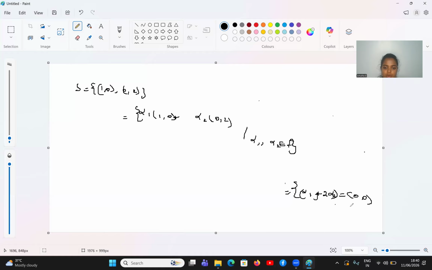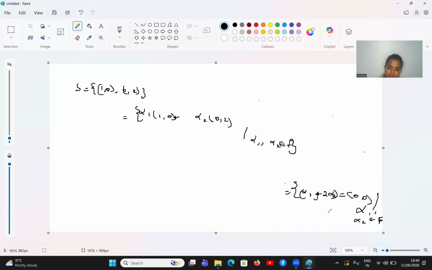Okay. Now alpha 1, alpha 2 belongs to a field. Here the field is the real numbers. Okay. So this set, you just check whether this set generates the vector space R2 over R or not.